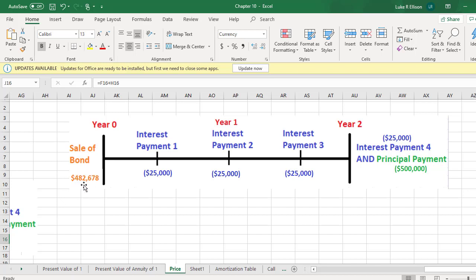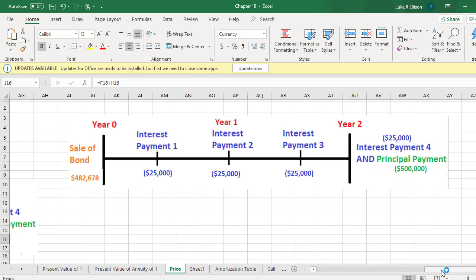And this wouldn't necessarily be from one person, it would probably be from a number of different people who are purchasing these bonds. But this is an inflow of cash, so I have this without a parentheses. And the rest of the numbers here all have parentheses around them, meaning that they are cash payments for the company. So they're going to have interest payment 1, 2, 3, 4, and then also principal payment, the $500,000, at the end of the bond's life.